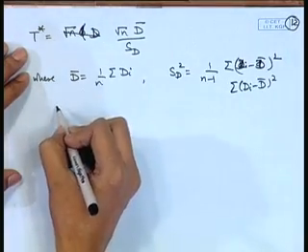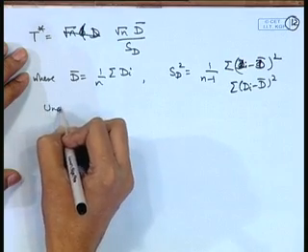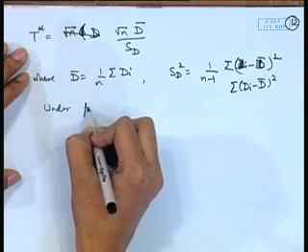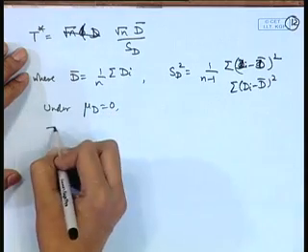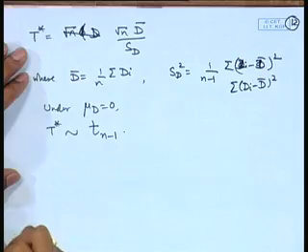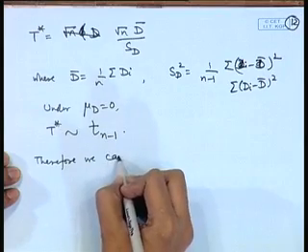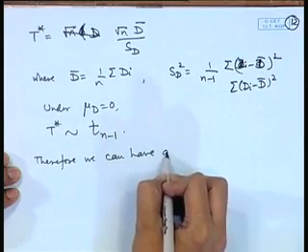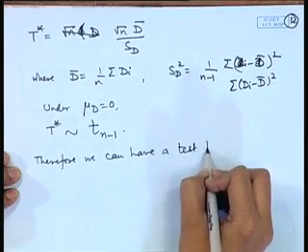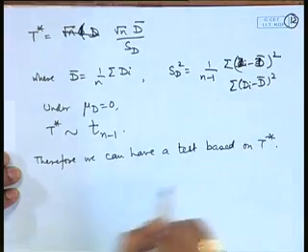Then one can see that under mu d is equal to 0, the distribution of t star will be t on n minus 1 degrees of freedom. Therefore, we can have a test based on t star.